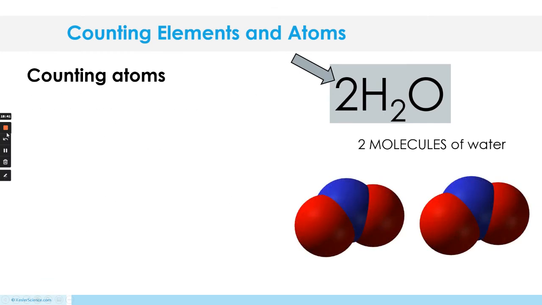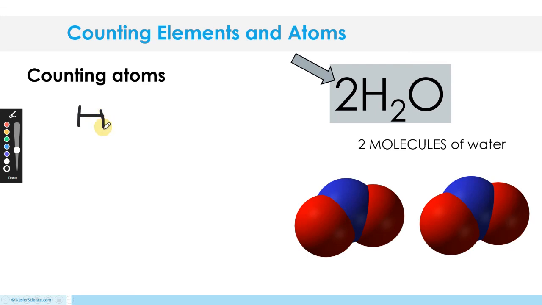So let me show you. I think I can draw on here. Okay. So first thing I do is I underline my capital letters.